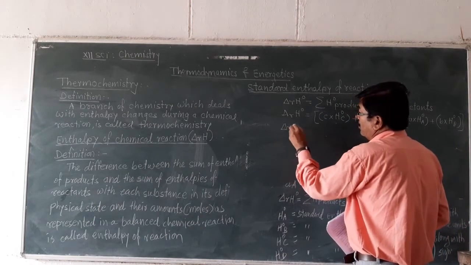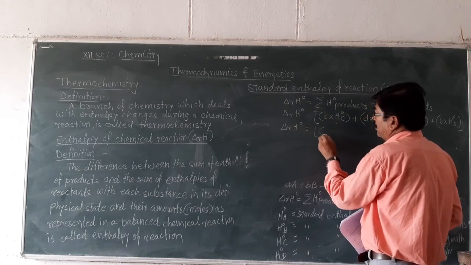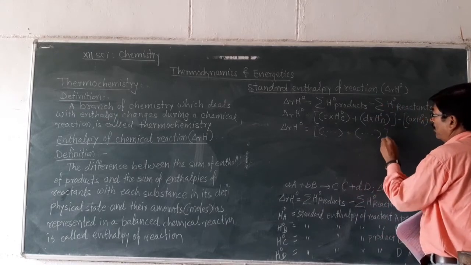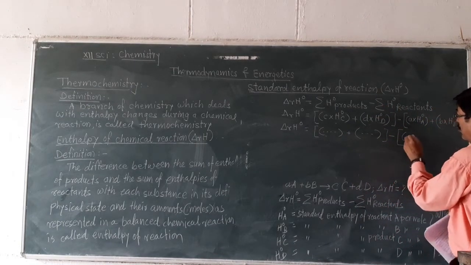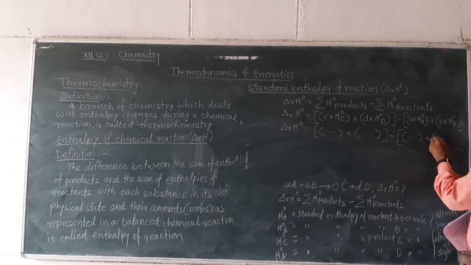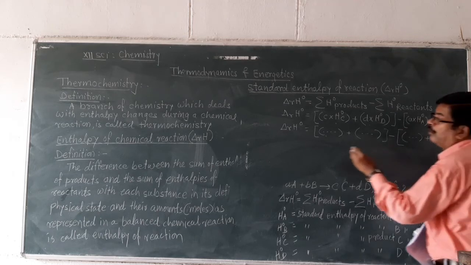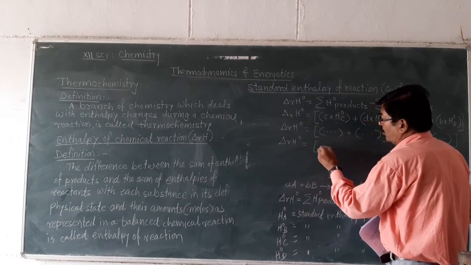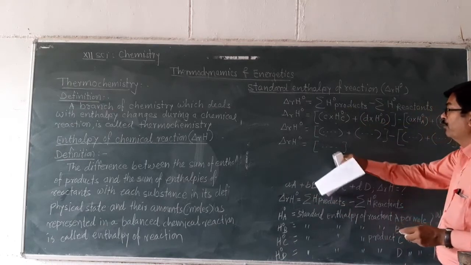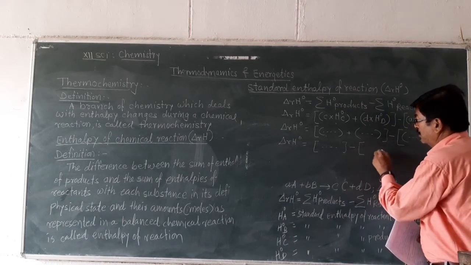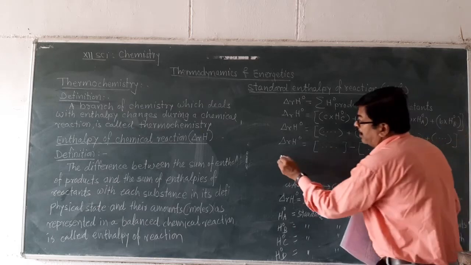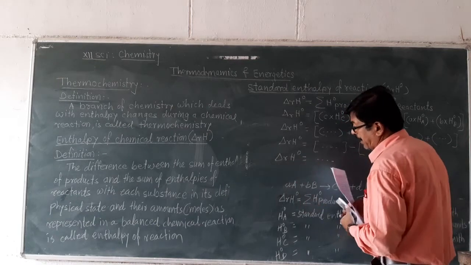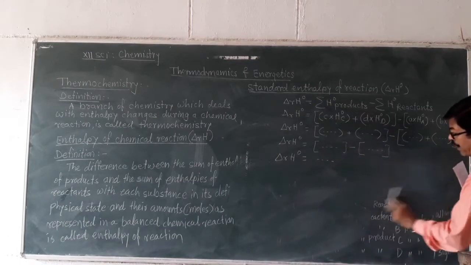Delta R H naught is calculated like this: this is the total enthalpy of products minus the total enthalpy of reactants, and finally you will get the enthalpy change of the reaction along with sign.